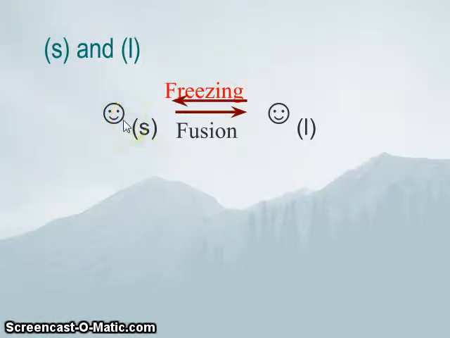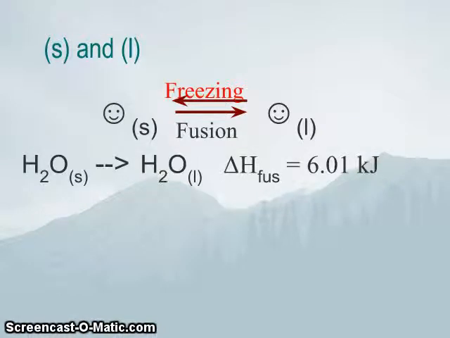In the solid, the molecules are held very rigidly, and then when they get to the liquid, they're sort of like held a little bit less tightly. So we would expect this to be endothermic, and in fact it is. So water solid going to water liquid, basically the delta H of fusion, because that's the state change here, solid to liquid, delta H of fusion, is a positive 6.01 kilojoules at 0 degrees Celsius.